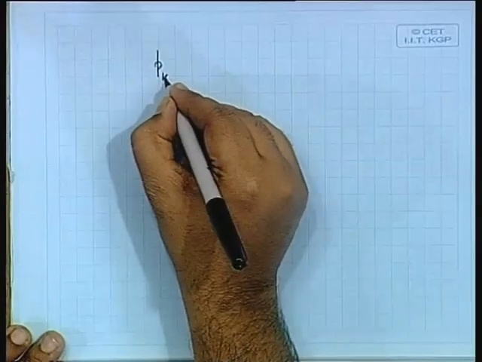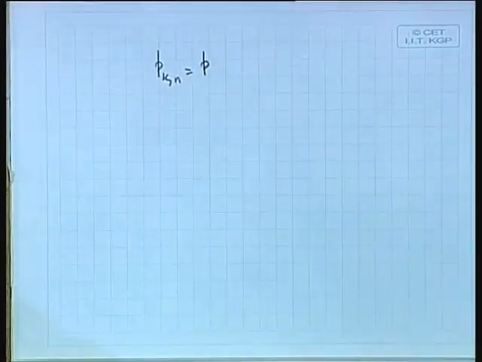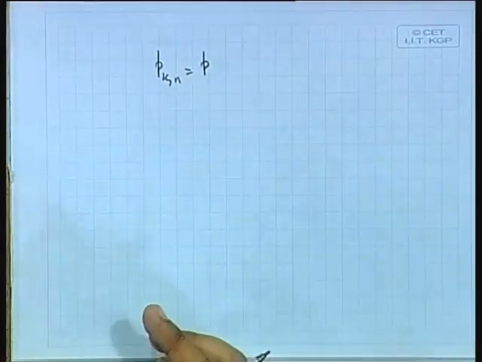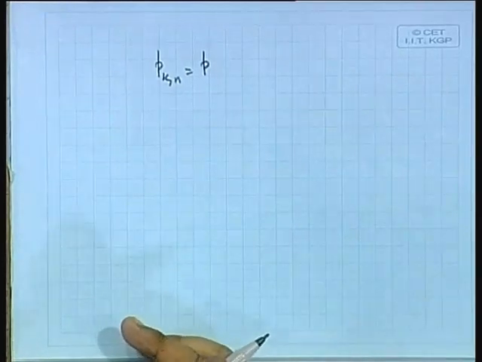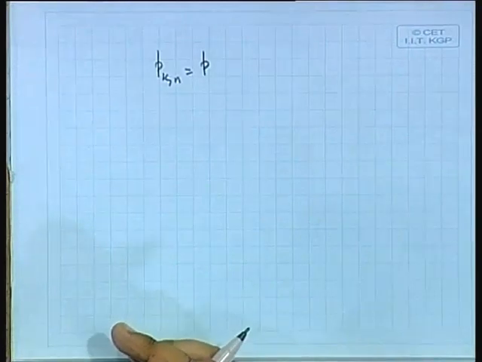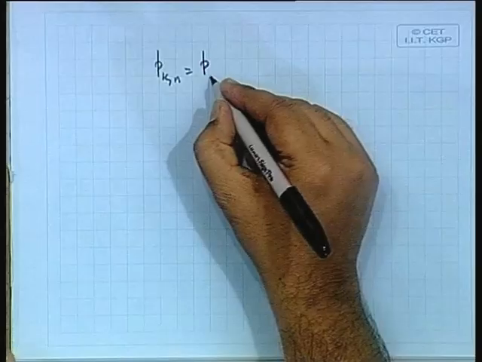Basically, if I think p k n is asymptotically stable, using a more mathematical term, then p k n is independent of n.